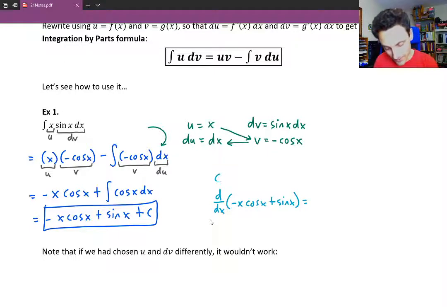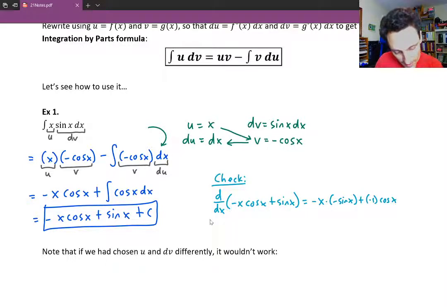So here we're checking our work. We're going to do first times the derivative of the second, plus the derivative of the first, which is negative 1, times the second, and then plus the derivative of sine, which is cosine. We're checking our work. So we have x sine x, and then look at this.